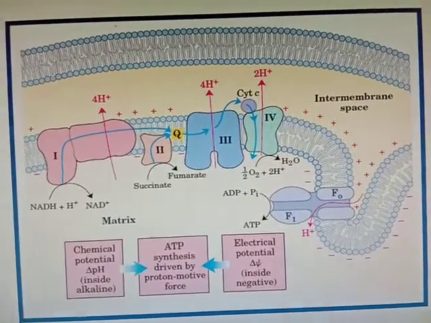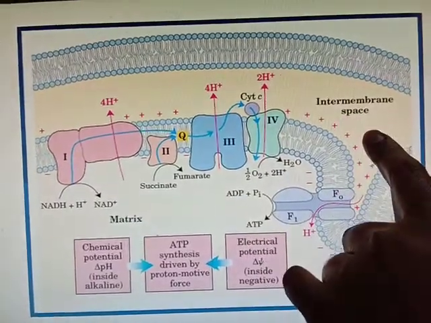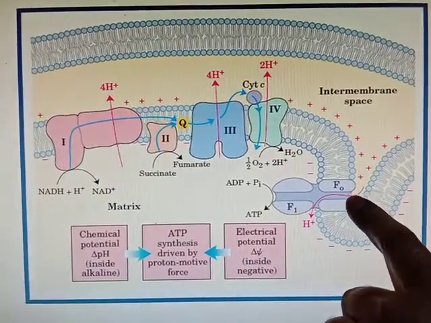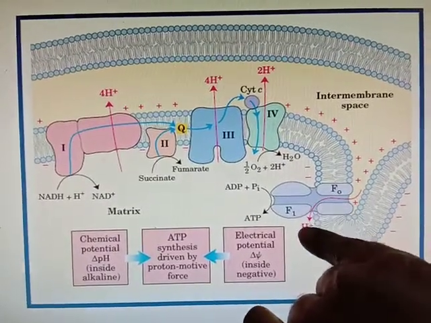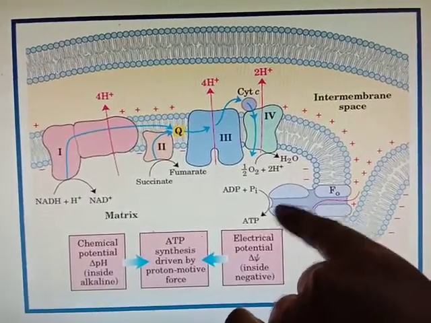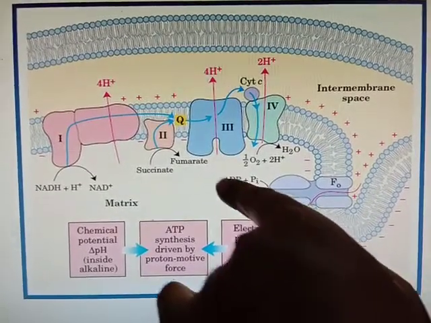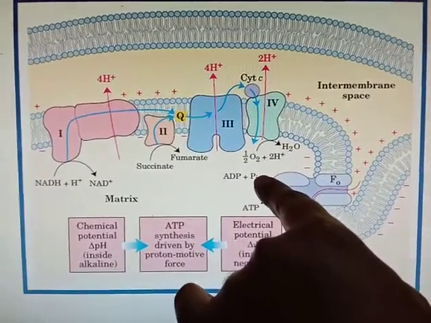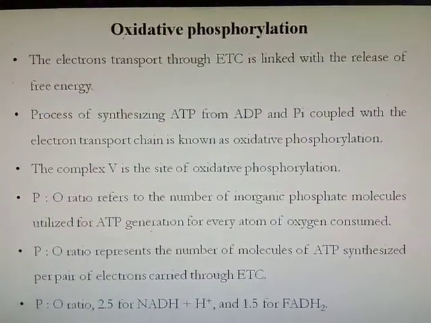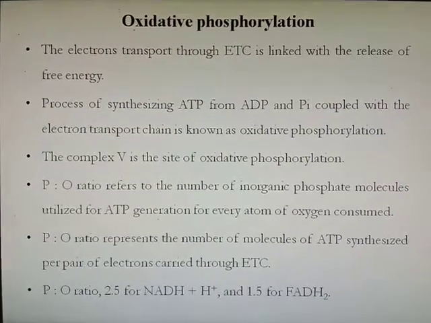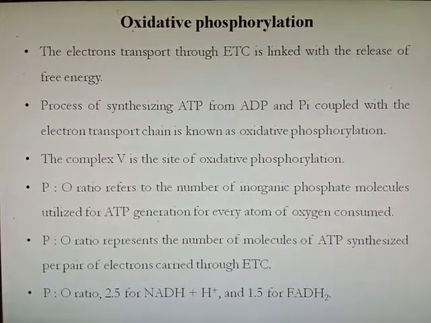Whatever protons are present in the intermembrane space will come through the FO-F1 complex. When these protons come through this, here you see it produces energy. That energy is utilized to synthesize ATP from ADP and inorganic phosphate. Then oxidative phosphorylation: the synthesis of ATP from ADP and inorganic phosphate is called oxidative phosphorylation.